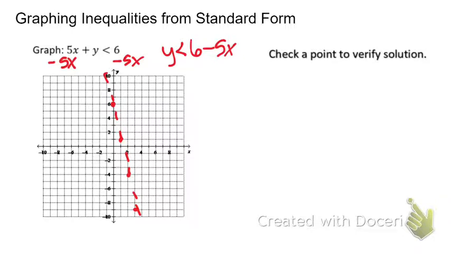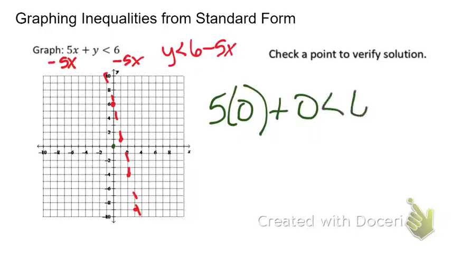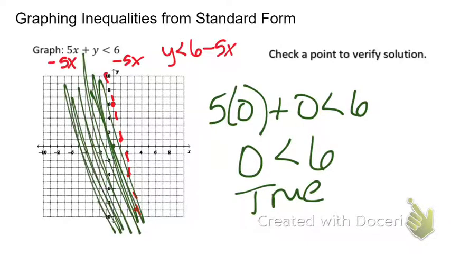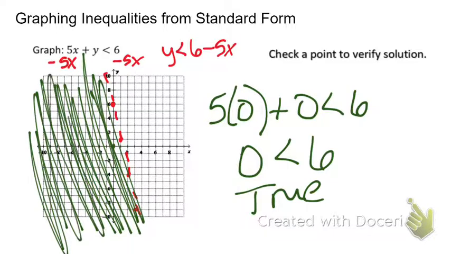Now, it should be less than, so I'm going to check 0, 0 by plugging in 0 for x and y to that original equation. So 5 times 0 plus 0 is less than 6. That's 0 is less than 6. That's a true statement. So the points that make this inequality true would be all points, all ordered pairs on this side of the line, which is less than that line.